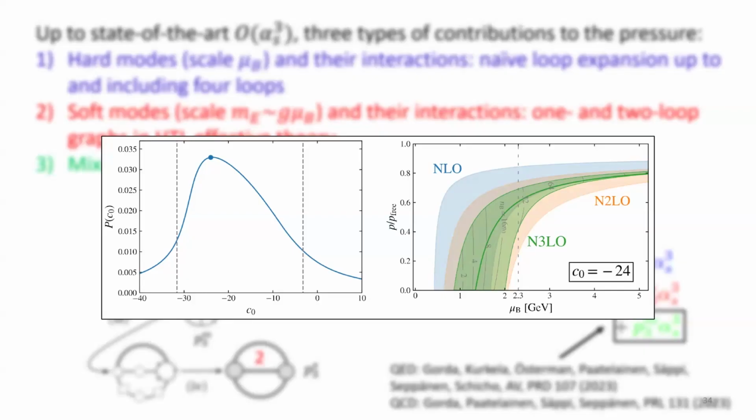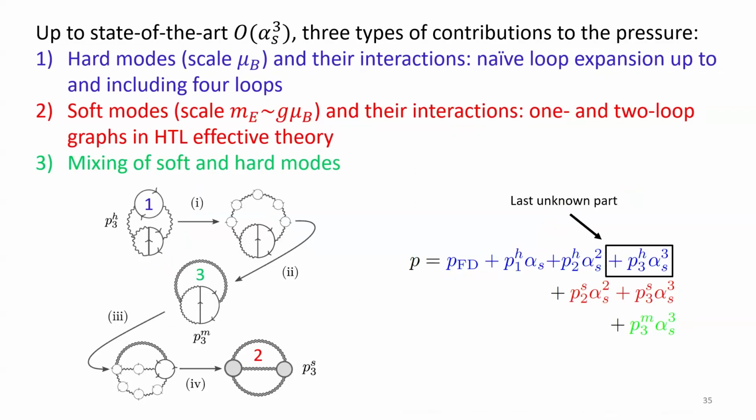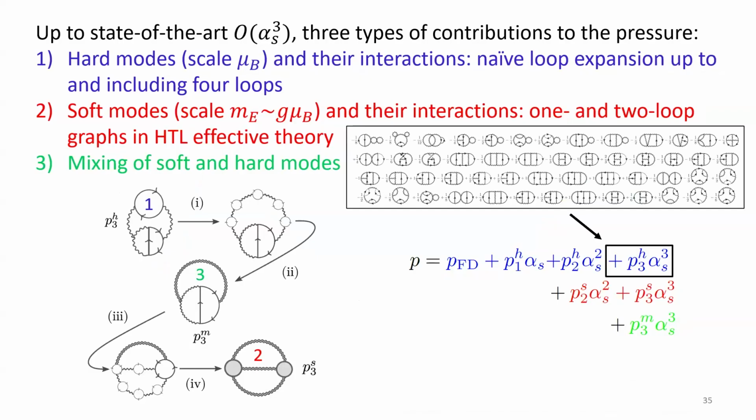But then there is this hard part, and this really is the thing that we have now been battling with for several years, that involves evaluating all of these 40-something Feynman diagrams, and this constitutes quite a non-trivial challenge.